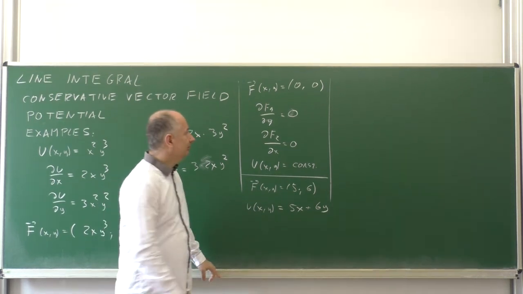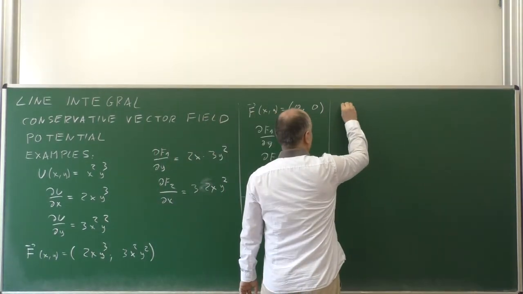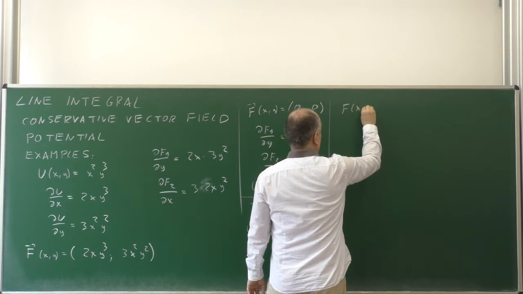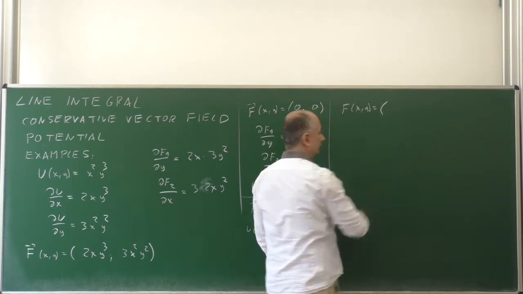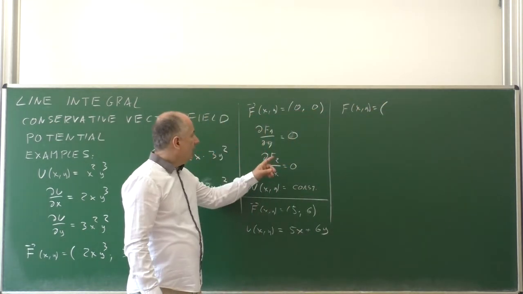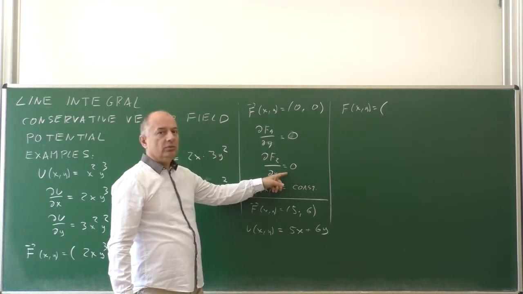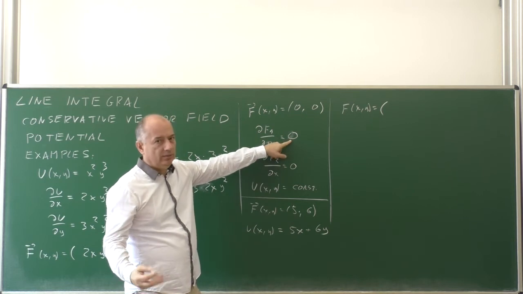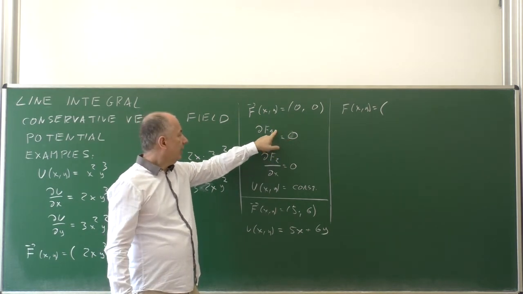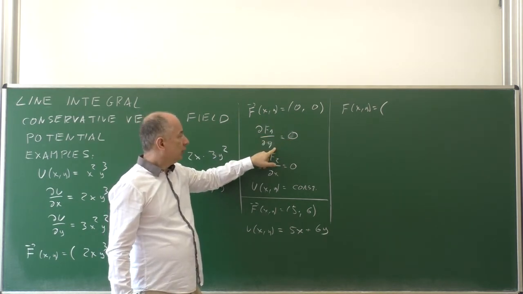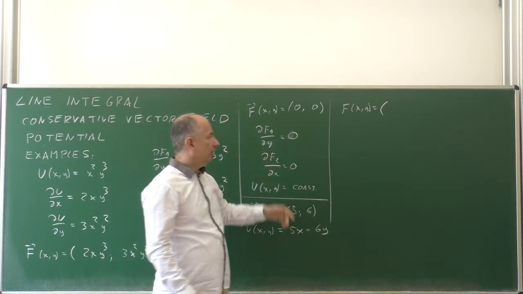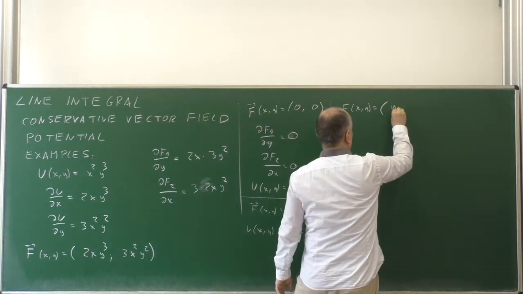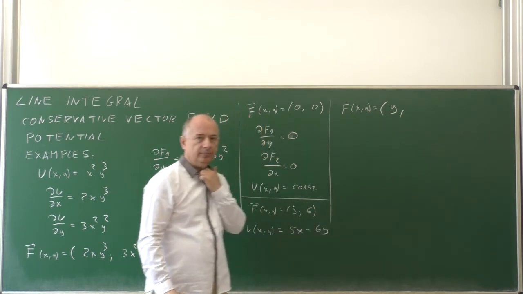You found? So it should be non-zero, right, to be different. So take 1. F1 differentiated with respect to y should be 1, so this might be y.